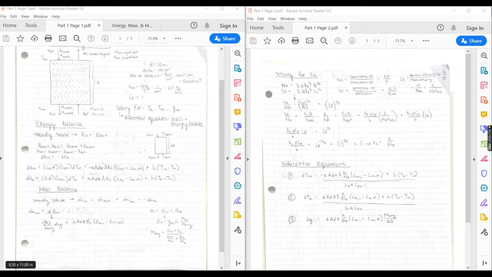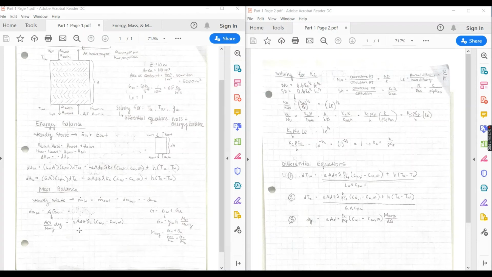So here we have the mass flow of the mixture per area times the area. But since we're now writing it in terms of molar flux, we'll divide by the molar mass of the mixture, so that this value of mass flow will now be written in terms of molar flow. And then to get just the molar flux of the water, we then multiply by the mole fraction of the water, dy, in the vapor.